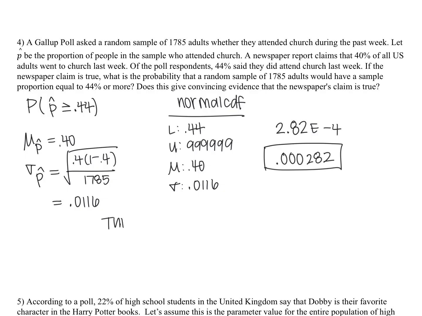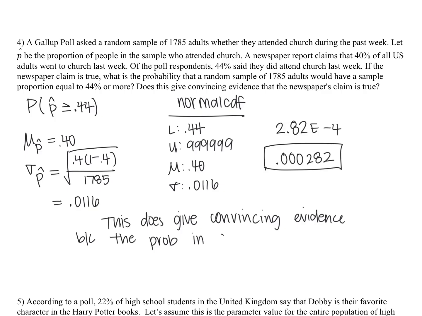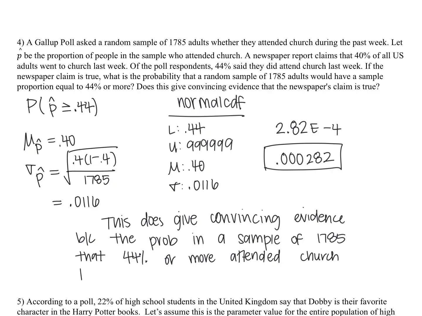We would say this does give convincing evidence because the probability in a sample of 1,085 that 44% or more attended church last week is very small, 0.000282.